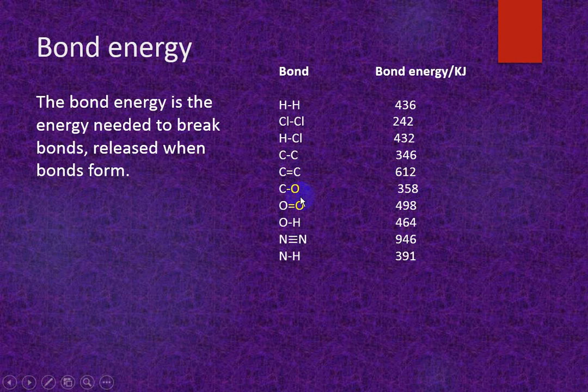Carbon oxygen single bond energy 358. Oxygen double bond energy 498. Oxygen hydrogen bond energy is 464. Nitrogen triple bond, this is a triple bond, 946. Nitrogen single bond 391. So this is the bond energy.